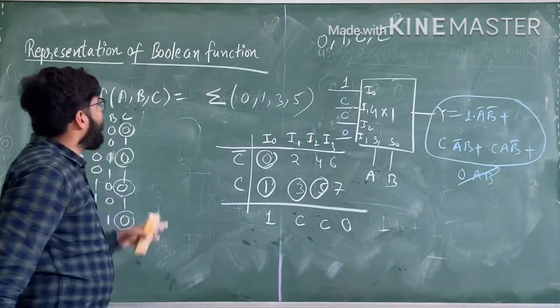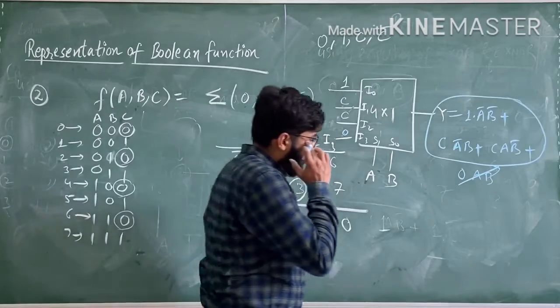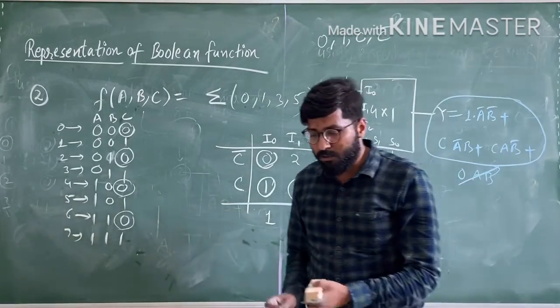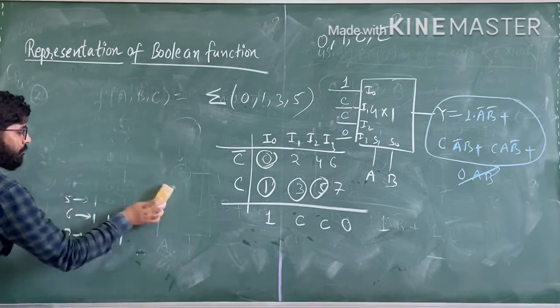So in this way we represent this Boolean expression with the help of a 4 cross 1 mux. Okay. Now do one more question based on this concept only.